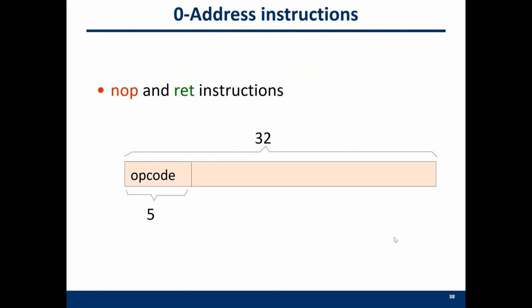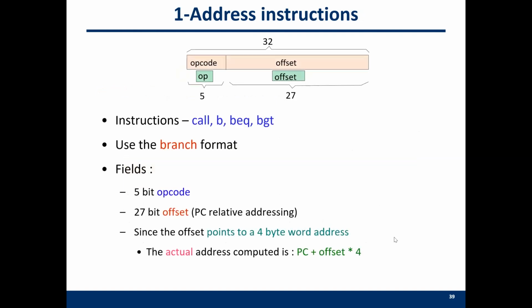They don't have any register or immediate data. So some instructions only have one address, which is call, B, BEQ, BGT.